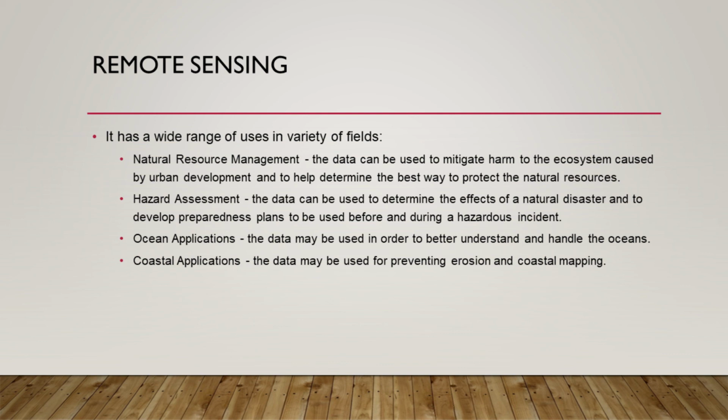Natural resource management. It is data that can be used to mitigate harm to the ecosystem caused by urban development and to determine the best way to protect the natural resources. Hazard assessment. The data can be used to determine the effects of a natural disaster and to develop preparedness plans to be used before and during a hazardous incident.